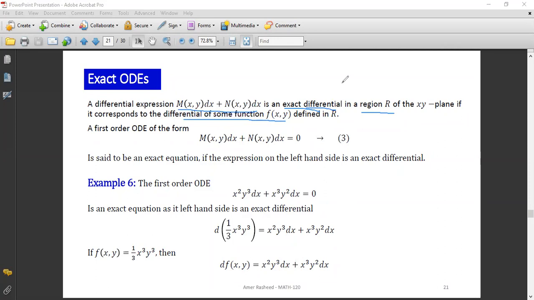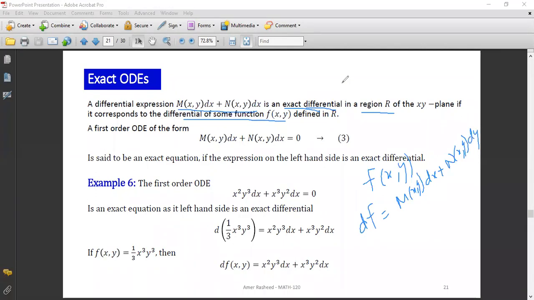That if there exists some function f of x, y, so that df is what? df is M of x, y dx plus N of x, y dy.